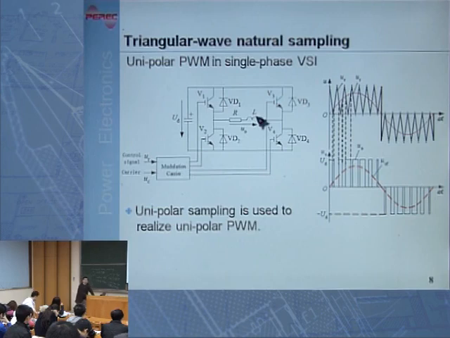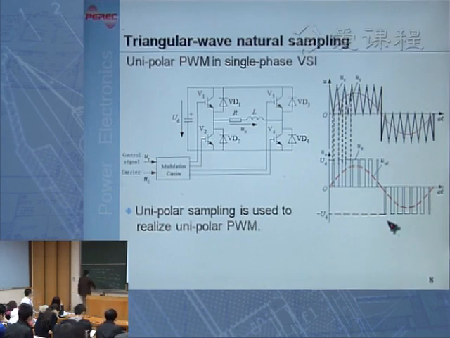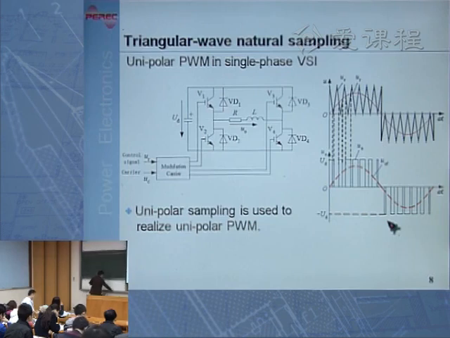If I'm able to generate an AC voltage like this, that would be much closer to sine wave. That will be very good for many of the loads, because many AC loads require near sine wave voltage.